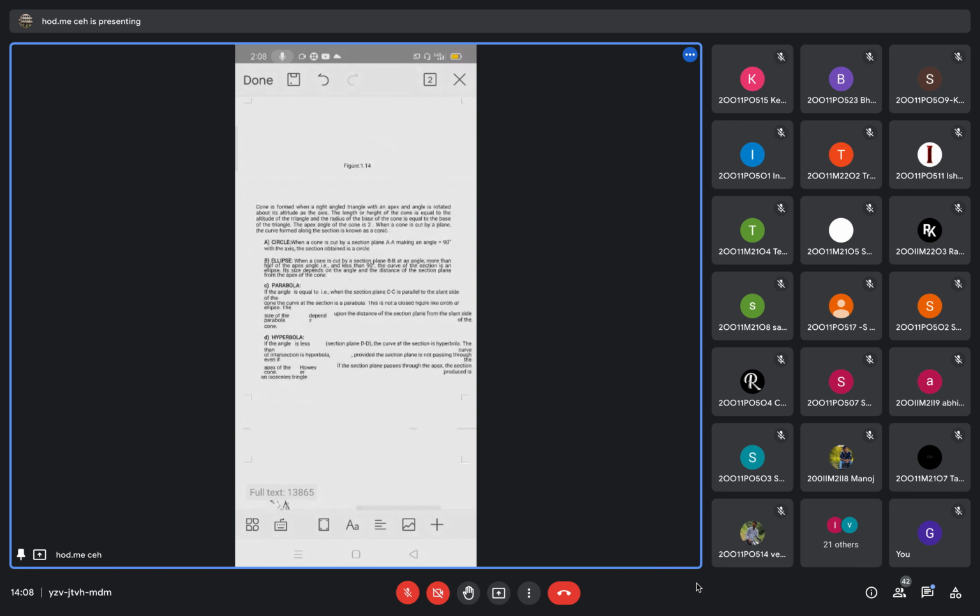The cone is formed by a right-angled triangle with an apex, rotating about its axis, with the apex as the fixed point. The height of the cone is equal to the height of the triangle, and the radius of the base of the cone is equal to the base of the triangle.